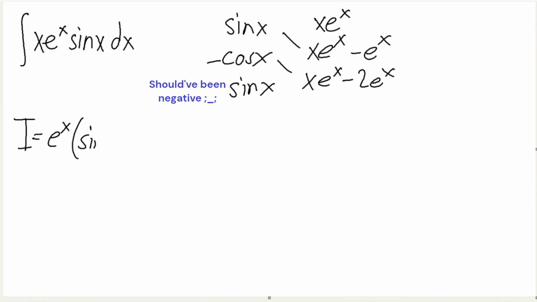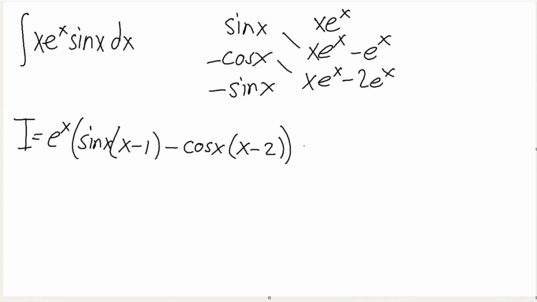I have sine of x, which is x minus 1, and then I have minus cosine of x with x minus 2. And then here, oh, this should be negative. Here, I have minus I, because this is the same thing as that. But then we also have plus 2 e to the x sine of x.